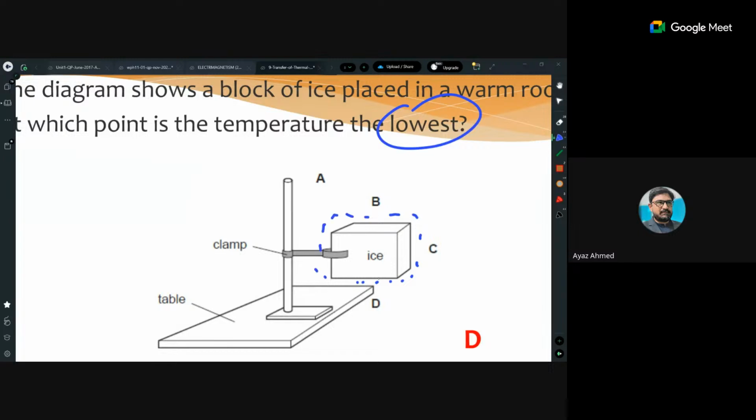The air below the ice would cool down, and when it is cooled it becomes denser and will sink. Is this point clear to you? So this will be the lowest temperature point, the coldest point. Got it?